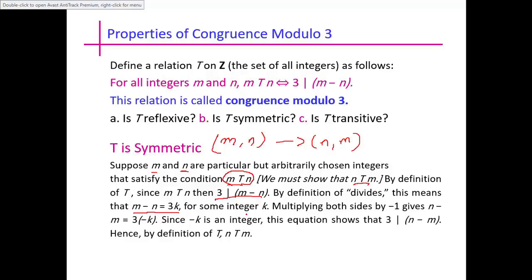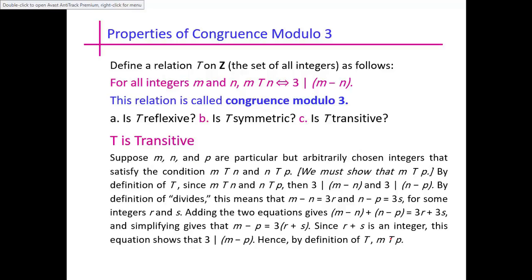And now if we multiply both sides by minus 1, we will have n minus m is equal to 3 times minus k. And since minus k is an integer, this equation shows that 3 also divides n minus m. And hence this relation is symmetric.